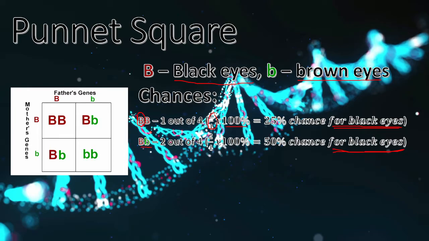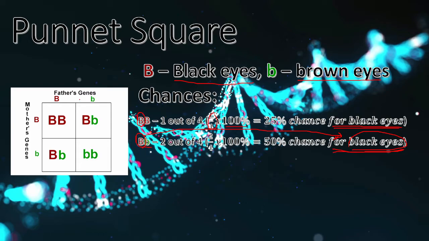Again, our dominant allele is present in the combination, so the dominant allele will be represented, or it will come out. So it should have black eyes.